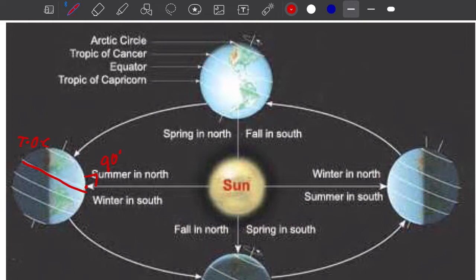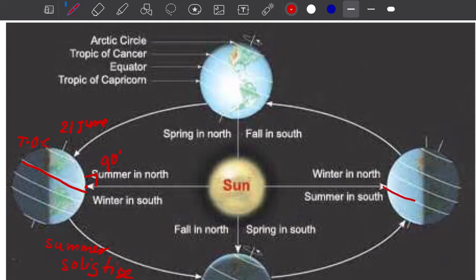So sunlight on 21st of June is incident at a 90-degree angle on the Tropic of Cancer, and this position is called the summer solstice position.